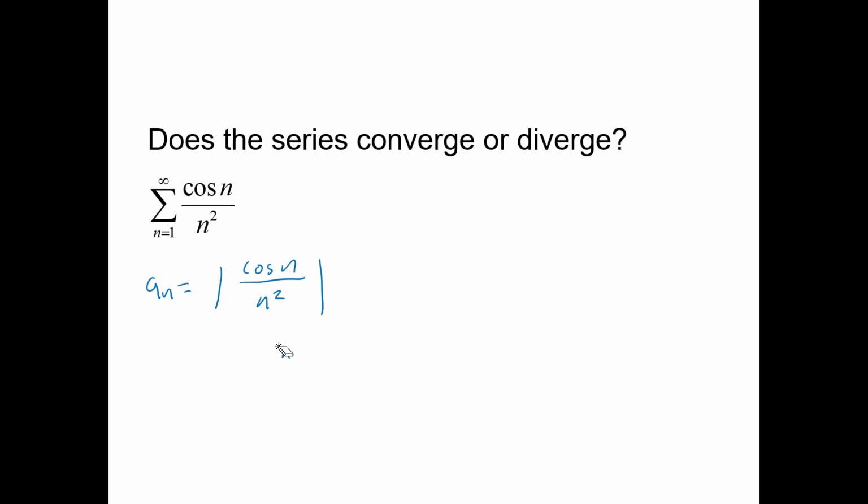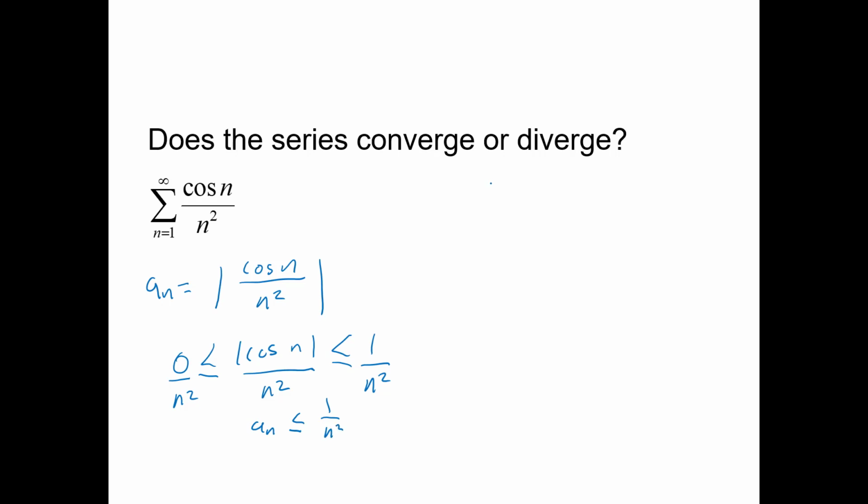So the absolute value of the cosine of n is between 0 and 1. And if we divide all three sides by n squared, then we end up with a sub n is less than or equal to 1 over n squared.